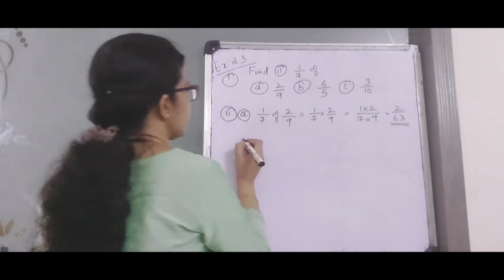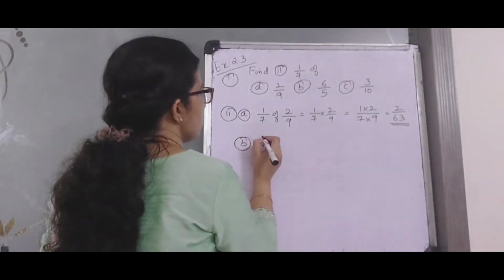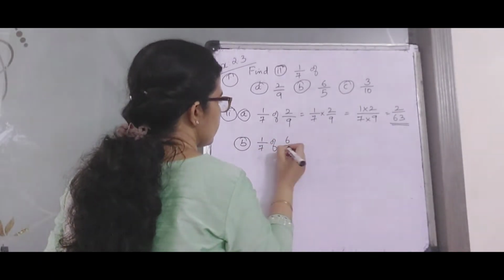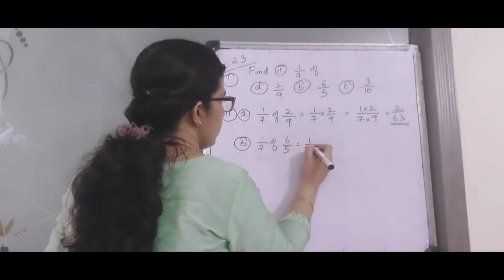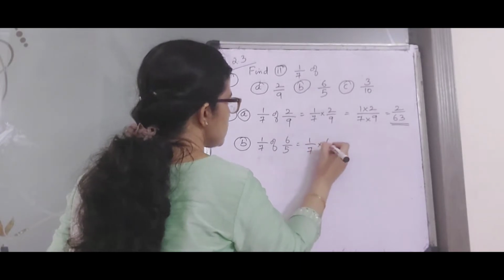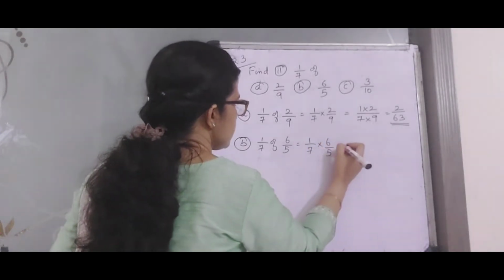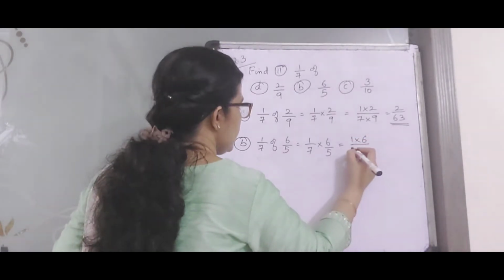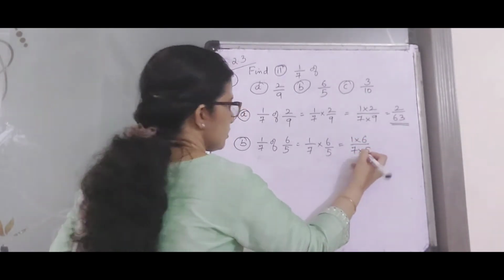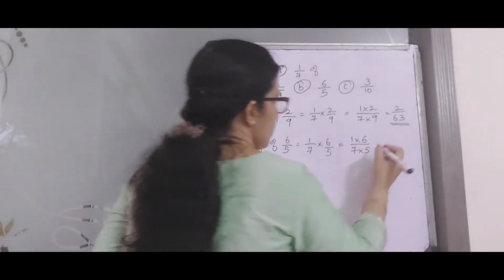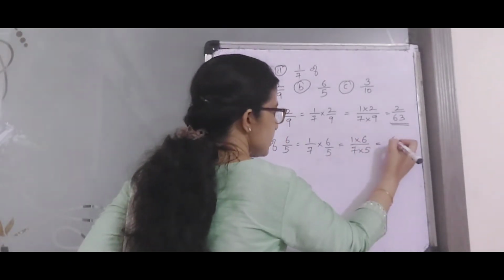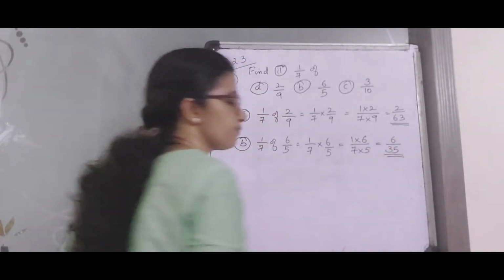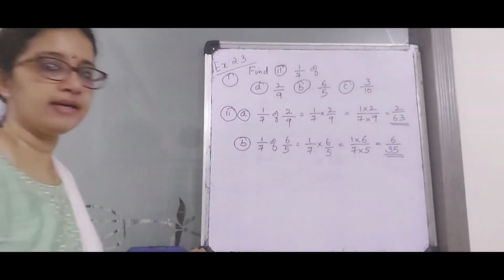Now let's take the B part. 1 by 7 of 6 by 5 is equal to 1 by 7 into 6 by 5, which is equal to 1 into 6, numerators, divided by 7 into 5, denominators, is equal to 1 into 6 is 6, 7 5s are 35. Okay, clear?